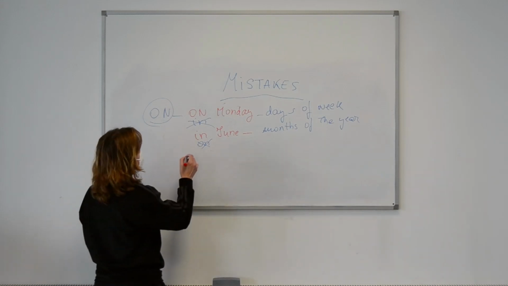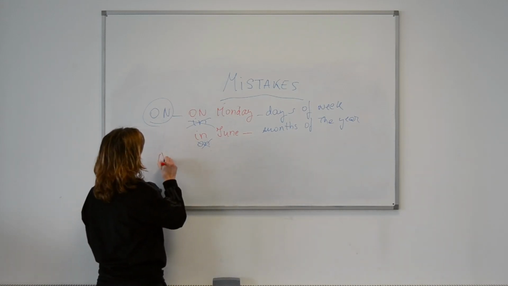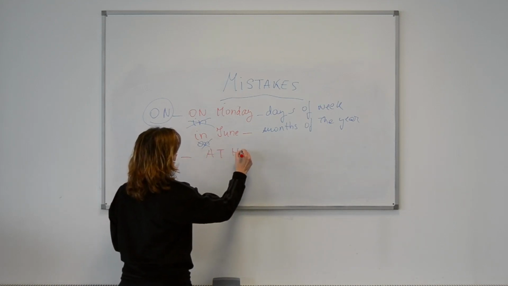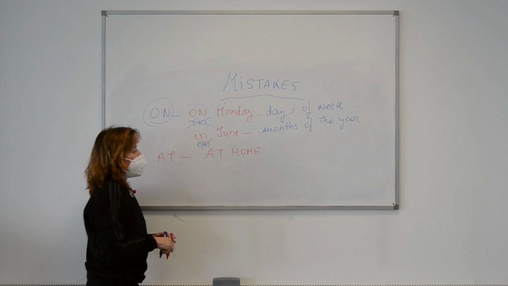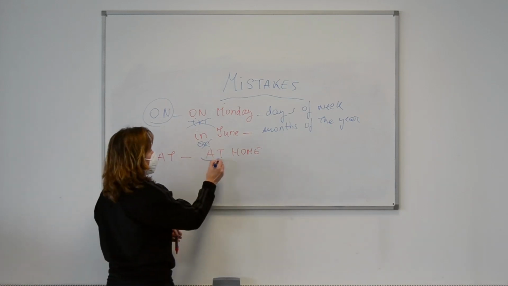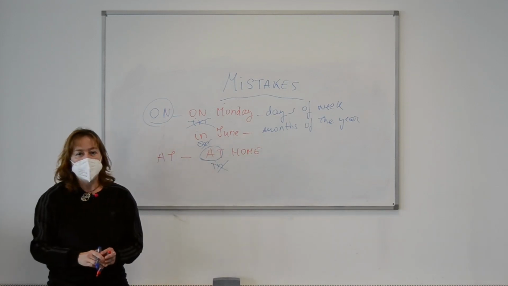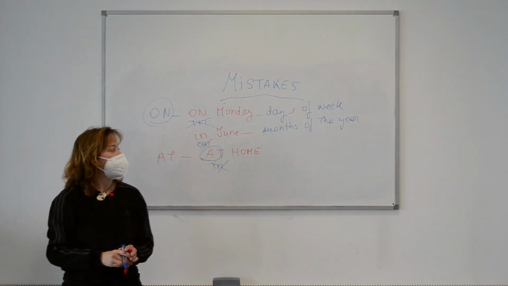Regarding at, we use the preposition at, for example, when we say at home. With the word home, we use the preposition at, but we don't use the preposition in. This preposition is not usually found, right?